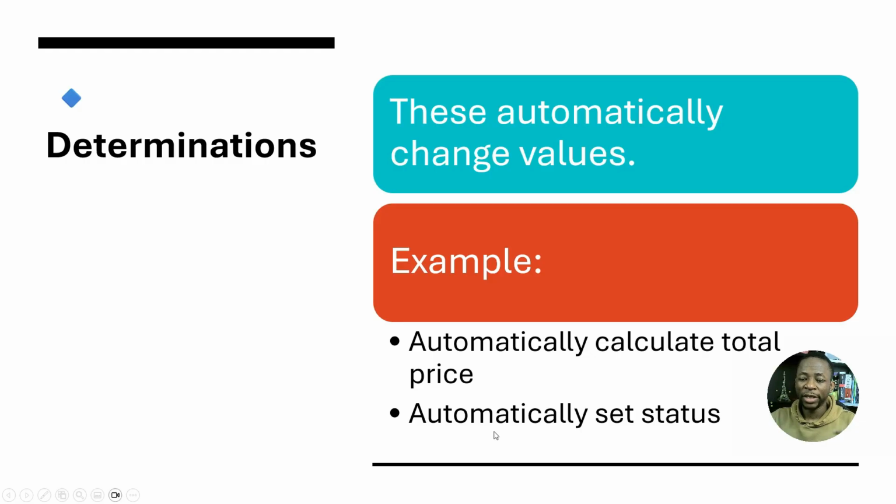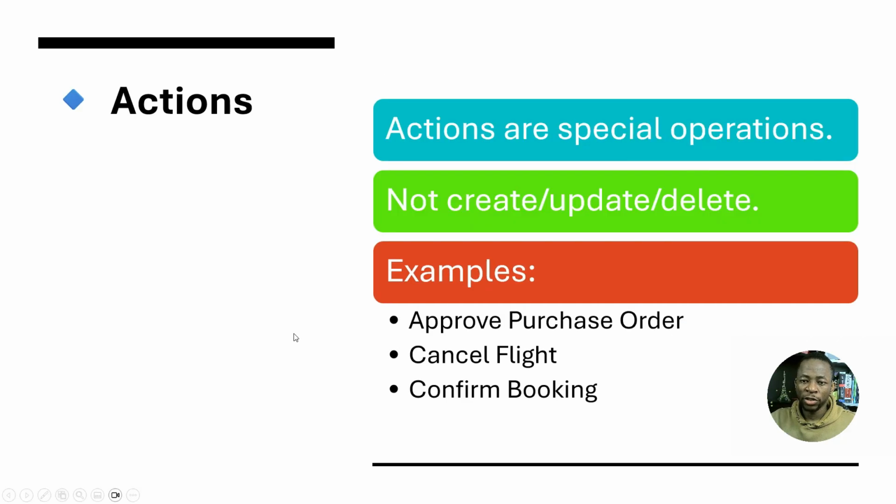For example, automatically calculate total price or automatically set the status of a field. And there are also actions. Actions are special operations that are not create, update, or delete. For instance, you want to approve a purchase order, or if you are using a flight agency system, you want to cancel a flight or confirm a booking. These are actions. You can define all of these in the business behavior. So these are business-specific behaviors.